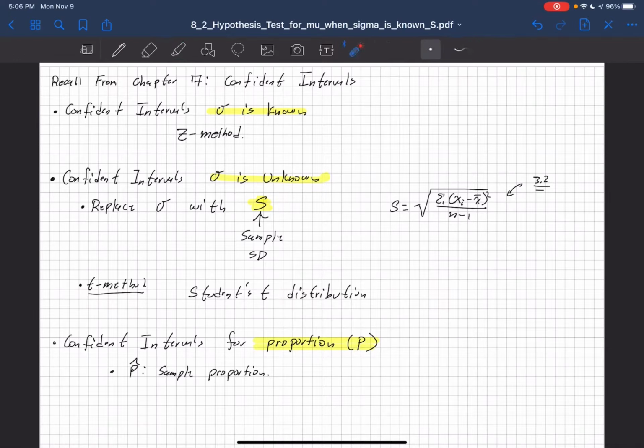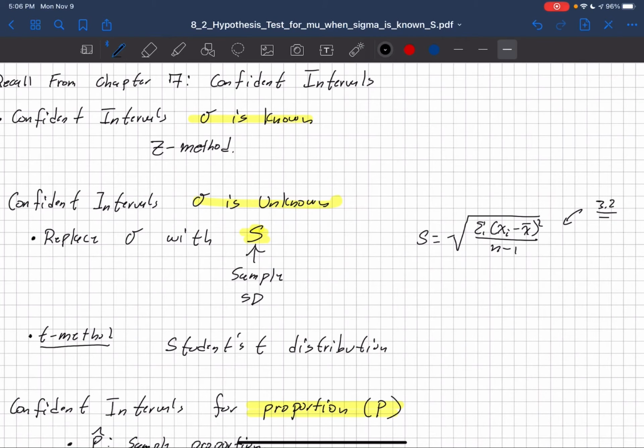Why am I reminding you of this? It's because hypothesis testing is kind of exactly the same thing. We're going to have hypothesis testing when standard deviation is known, when standard deviation is unknown, and when dealing with proportion.